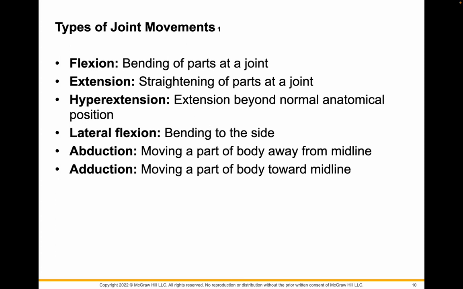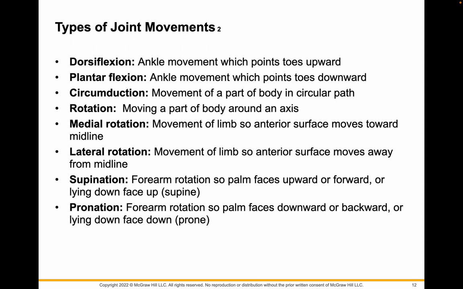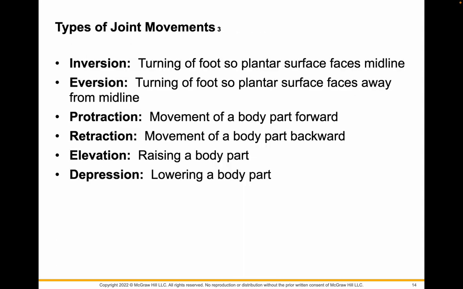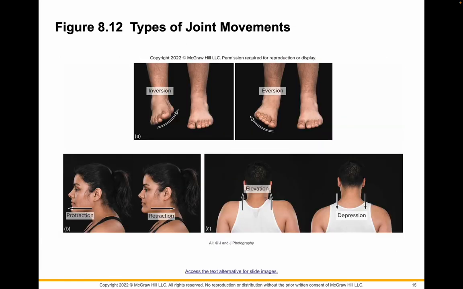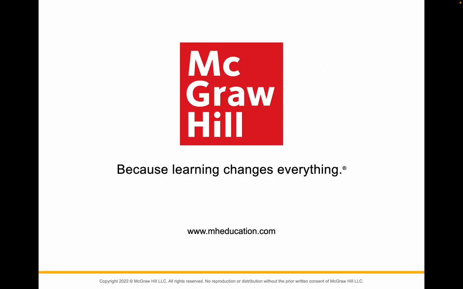We also looked at types of movement of joints, so flexion and extension, hyperextension, lateral flexion, abduction, adduction. These are all test questions. And then dorsiflexion, plantar flexion, circumduction, rotation, medial and lateral, supination and pronation, inversion and eversion of the plantar, protraction and retraction, and then elevation and depression. And then examples of synovial joints, these complex joints are the shoulder, elbow, hip, and knee.